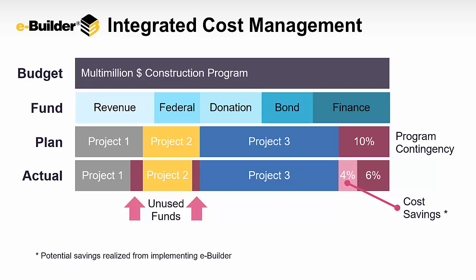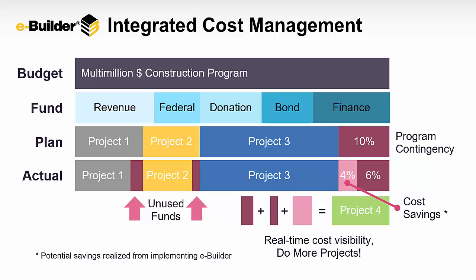And are there ways that you've looked at your processes and some of the bottlenecks that you have right now that are causing waste and cost overruns that are eating into your contingency? Through software, can you actually automate and remove some of those problems and then ultimately take those unused funds, some of those savings, and put that back into another project, which would help improve you reaching your strategic goals?